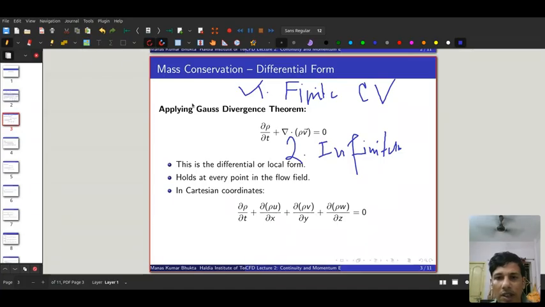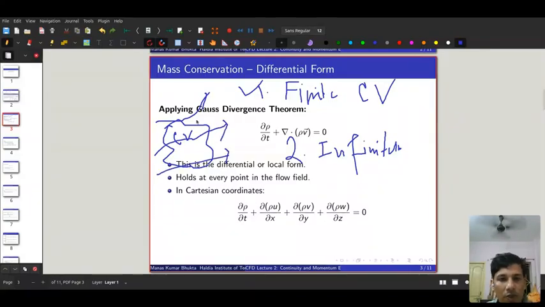For both cases, there are two cases: fixed and moving. Suppose this is a control volume, CV. Here these are the streamlines. It has some volume, which is fixed in space with the moving flow over it.